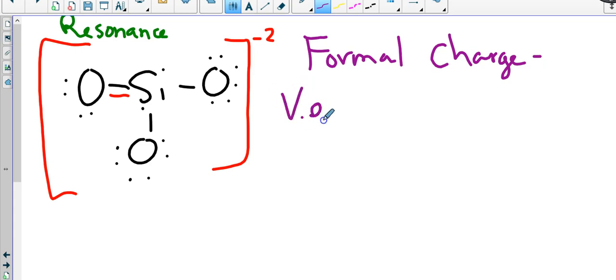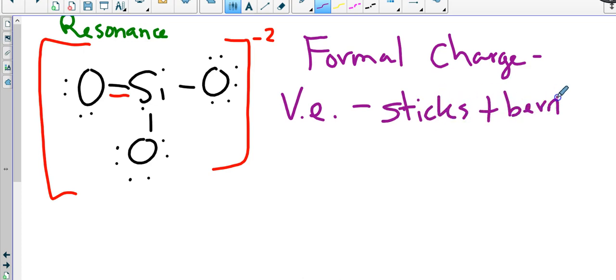It's valence electrons minus sticks plus berries. Let me tell you what I mean by that. Hush your face, I got you. This is a stick. That counts as one thing. That's a berry. That counts as one thing.